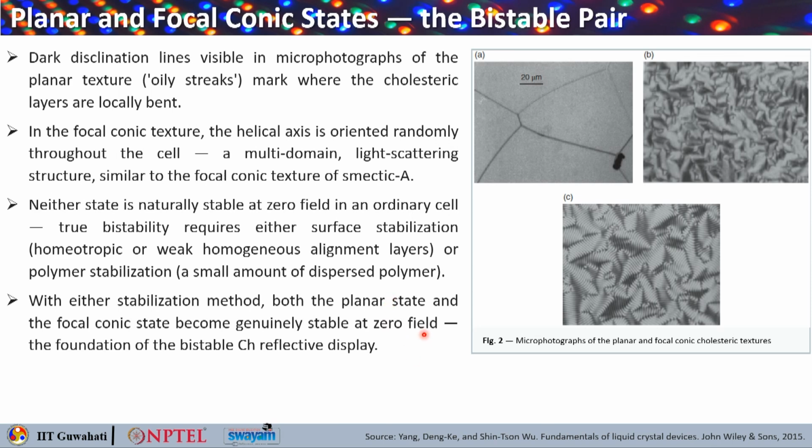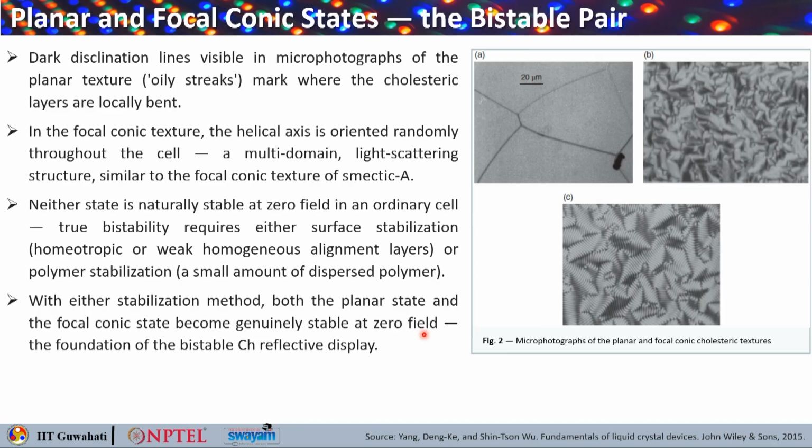With either of these stabilization methods, both the planar and the focal conic states become genuinely stable at zero field, and that basically is the foundation of the bistable cholesteric reflective displays.